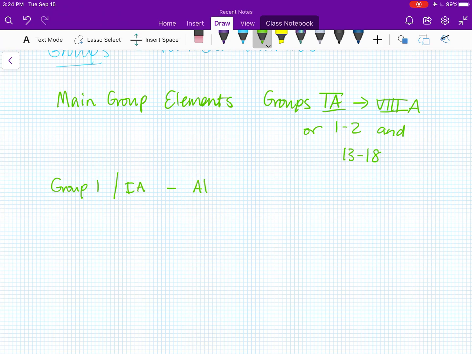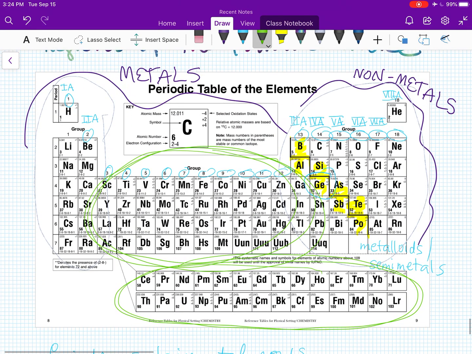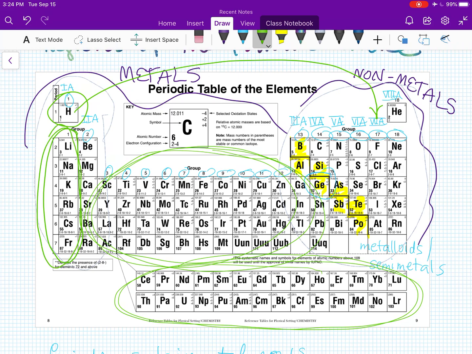These are known as the alkali metals. And if you look at them, strictly speaking, hydrogen actually doesn't really belong to the alkali metals. Hydrogen is actually a non-metal, and sometimes you'll see it in the periodic table over here to emphasize the fact that it's a non-metal. But strictly speaking, the alkali metals encompass lithium to francium.